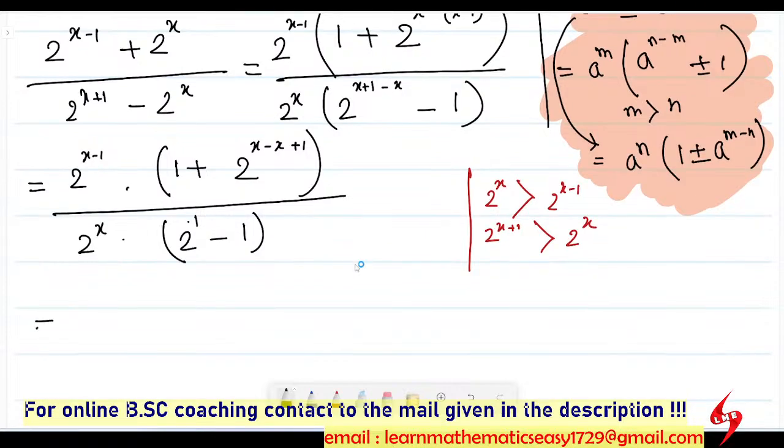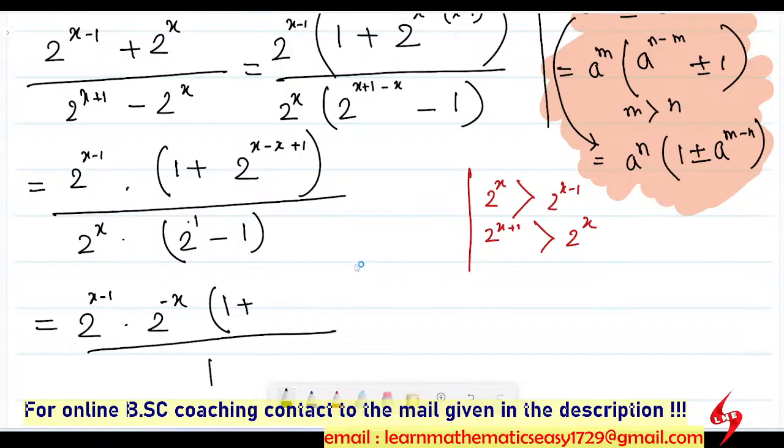So here it is 2 to the power x minus 1 into the power minus x, and this is my 1, and here 1 plus x will be cancelled, so that will be 2 to the power 1. The bases are same here, so the powers will be added like this, and that will be 3.